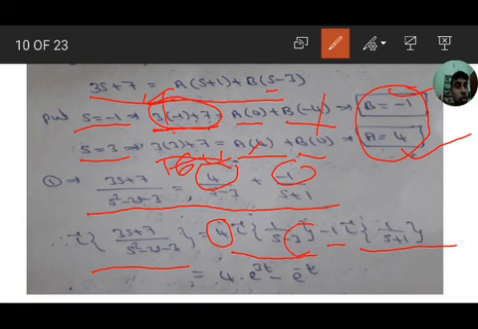Here a equal to 3, therefore 4 into e to the power of 3t. And L inverse of 1 by (s plus a) is e to the power of minus at, here a equal to 1, so e to the power of minus t. Therefore we get the answer 4 into e to the power of 3t minus e to the power of minus t. This is the answer.